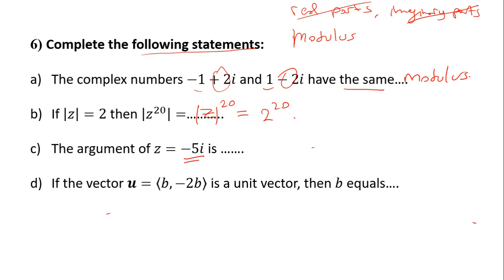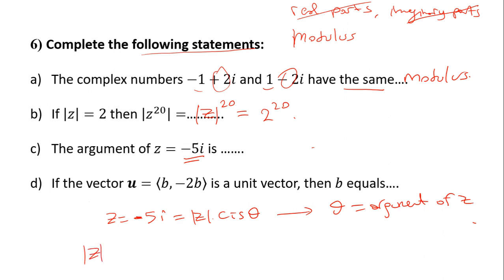So what is the argument of negative 5i? Now, we can write z, negative 5i, as the norm of z, or the modulus of z, times cis theta. And this theta here, we call the argument of z. Now, what is the norm of z? Say 0 minus 5i.